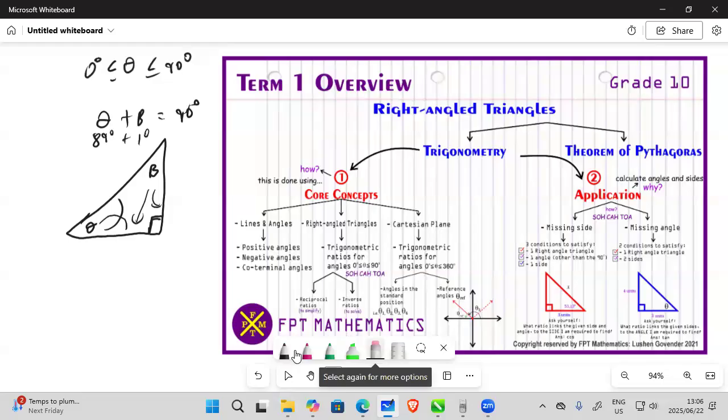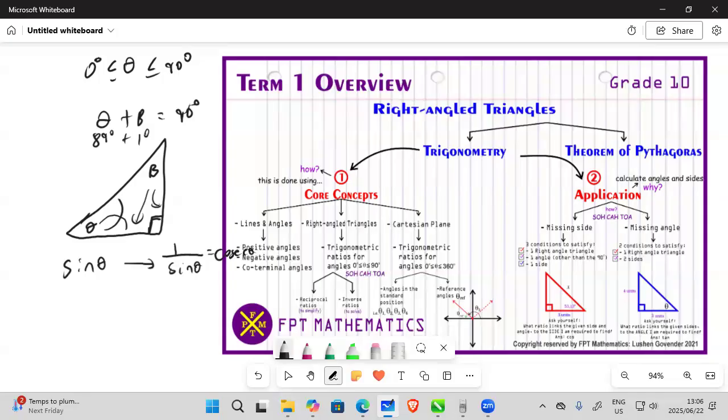Then we have inverse ratios, right? So basically, if you have sine of theta, the reciprocal of sine of theta is 1 over sine of theta, which is equal to, what did we say? Cosec theta.